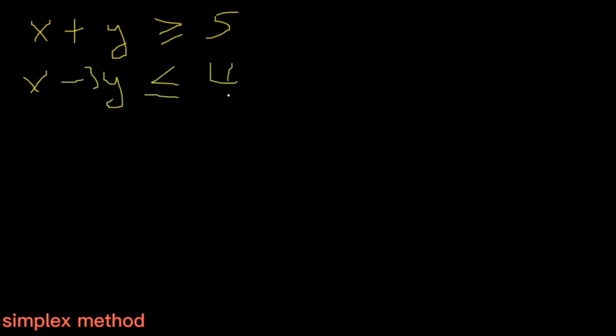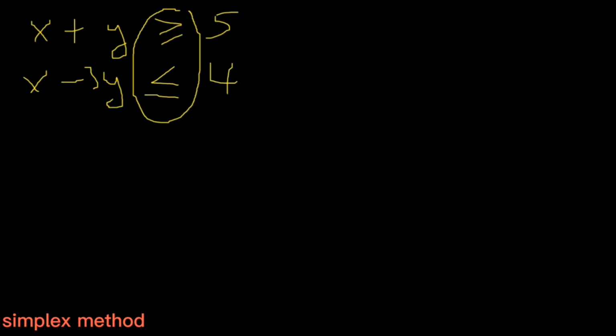If you have an equation like x plus y is greater than or equals to 5, and x minus 3y less than or equals to 4, we also find this one. You are just going to make it so that all these resemble each other. So that's the first thing to do.